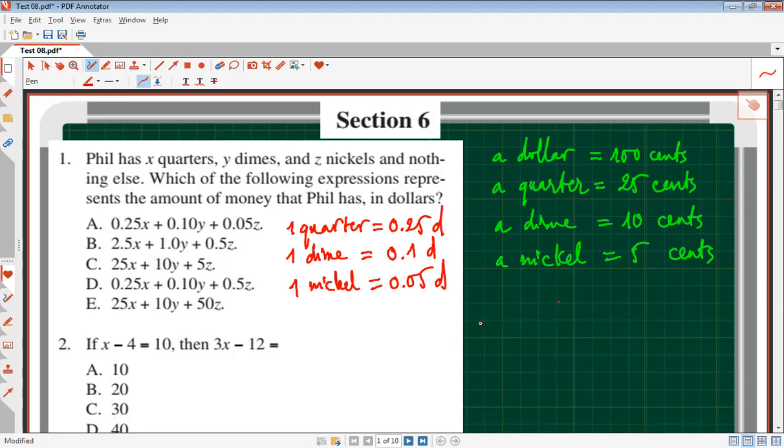And here we choose option A for the final result. Actually, it's easy, very easy.